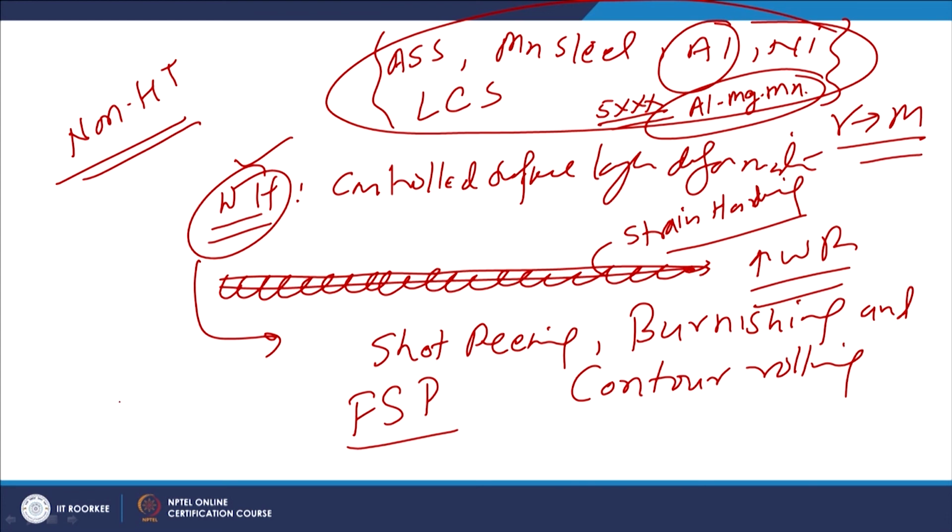On the other hand, other series like the 2000, 6000 and 7000 series aluminum alloys are heat treatable. So, they respond very nicely to heat treatment and alteration in microstructure for improvement in mechanical properties. Now, coming to the first category of methods, like transformation hardening.